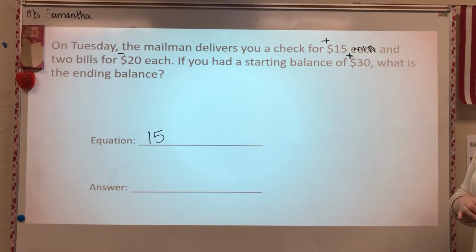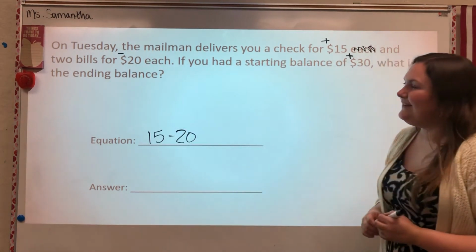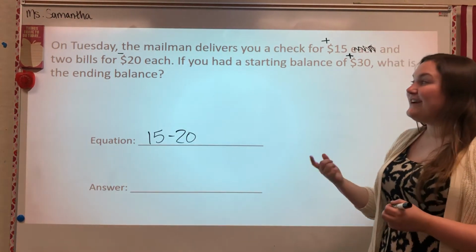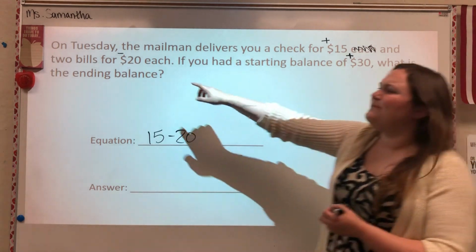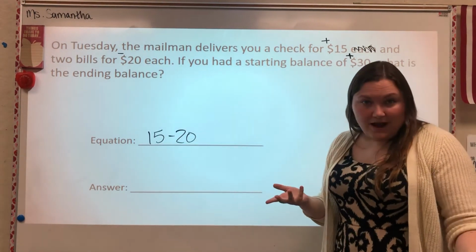What am I going to write next? Well, I'm not going to write minus 20, and there's a reason why. The reason is they said 2 bills for $20 each, and we decided that was a negative 20. So there's 2 options.